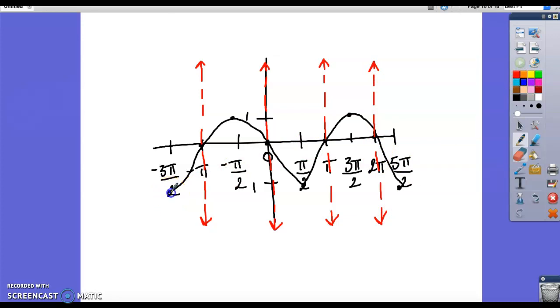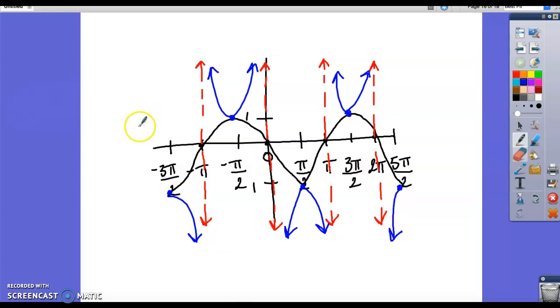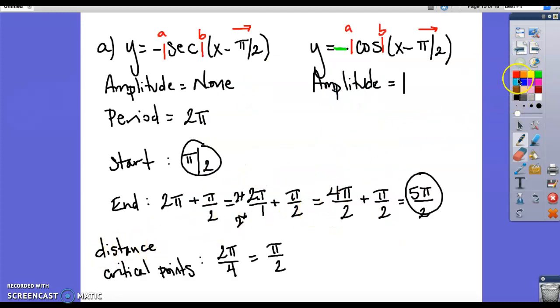Okay, and then I can just fill in my secant graph. Okay, that looks like that. If I'm asked to write the equations of my asymptotes, I can.